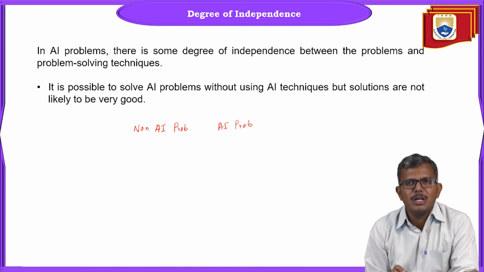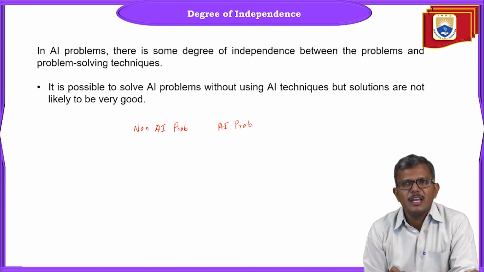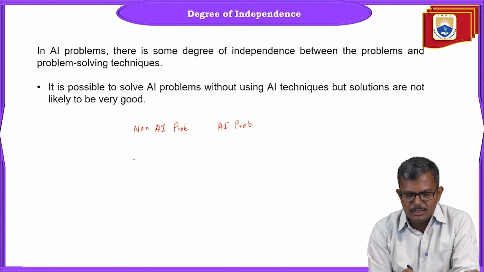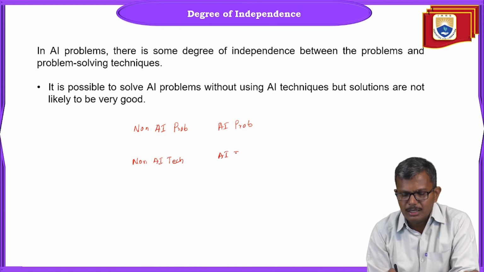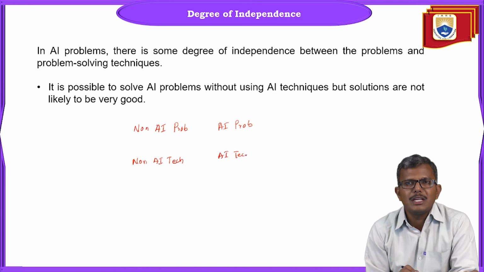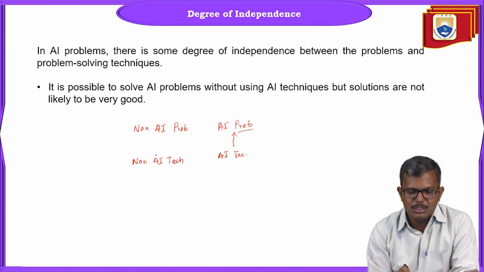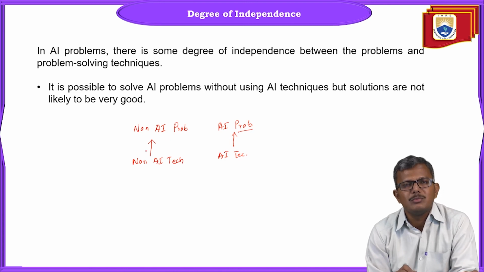Similar to that, there will be some non-AI techniques and also some AI techniques. Every time we think that in order to solve artificial intelligence problems, we are going to implement an artificial intelligence technique. Similarly, a non-artificial intelligence technique can be applied to non-artificial intelligence problems.